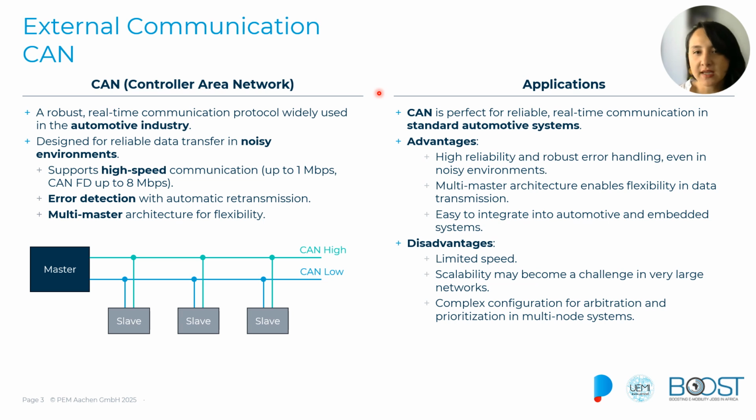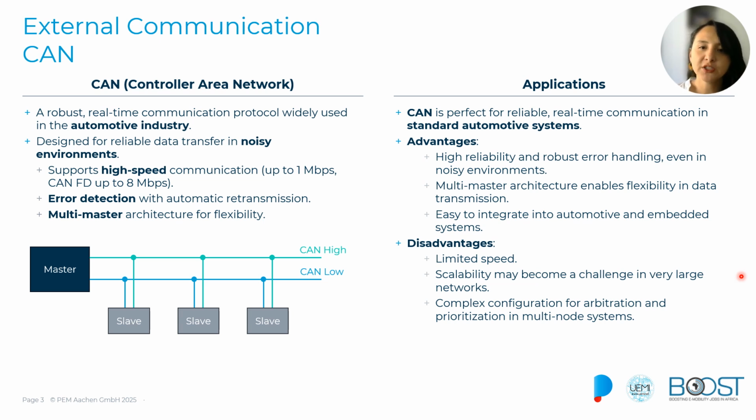Think of it as a robust conversation channel where multiple nodes communicate using the same bus, the same infrastructure, and often these nodes are called either master or slave. The interesting thing about CAN is that all of them can talk on the same channel, but only one node speaks at a time to avoid conflicts between them.